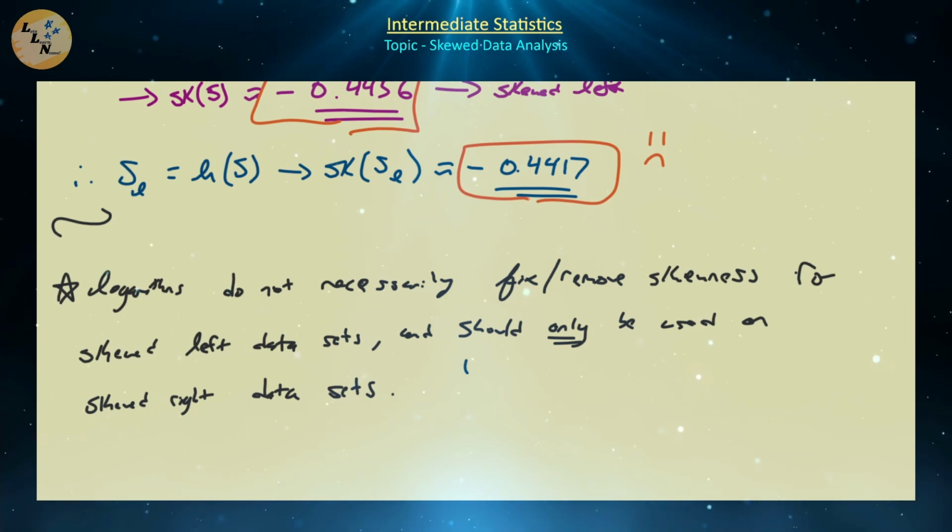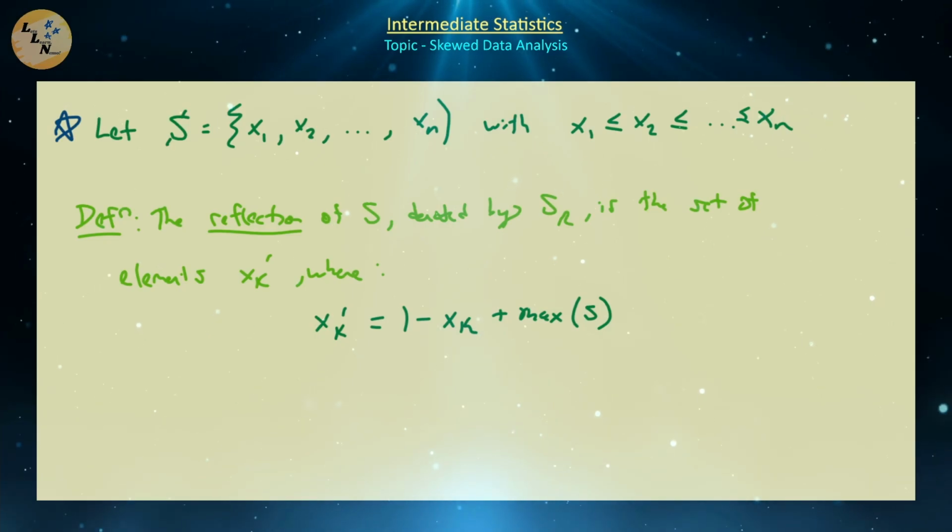Right? And that's a very useful property to keep in mind when we're actually performing these log transforms on data sets. The next observation is actually going to be very, very useful to us.